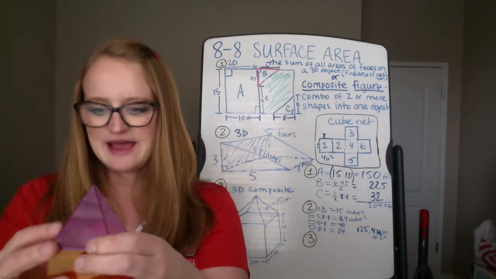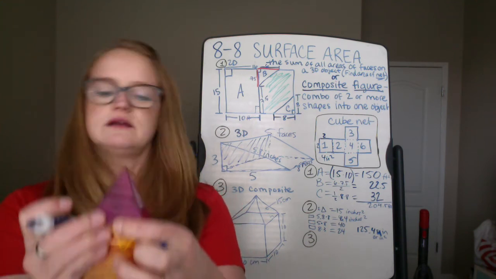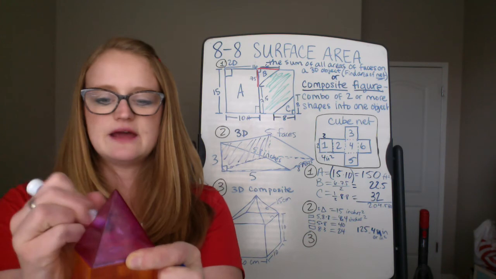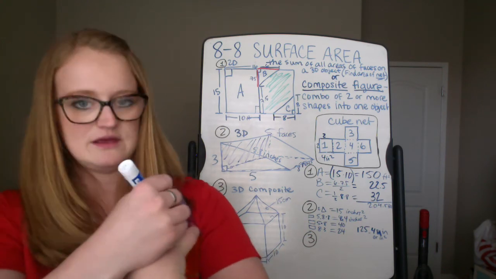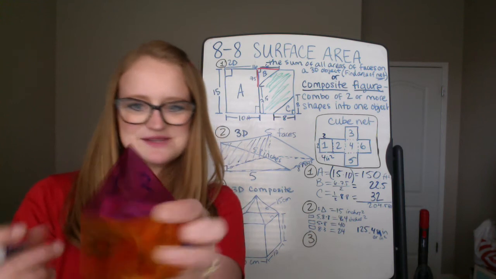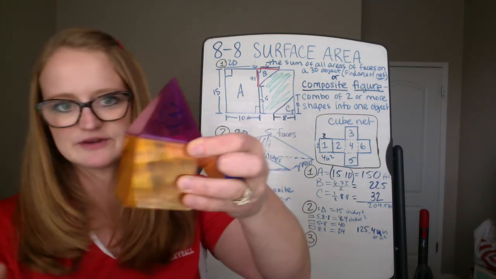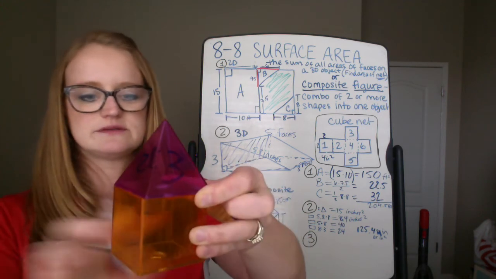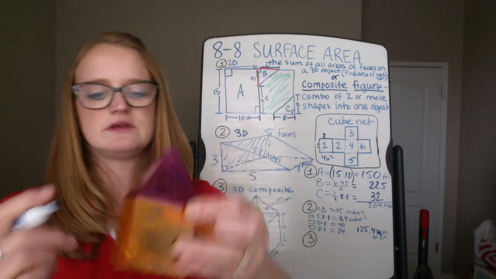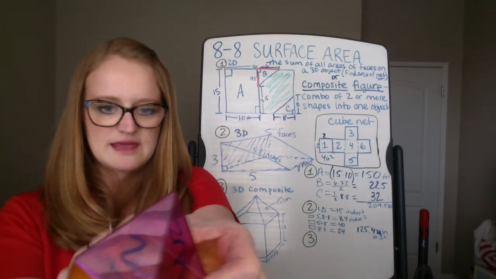So we could just count, and I'm going to try to label these. I'm going to count 1, 2, 3, 4. You can kind of see what I'm doing here. So there's 4 right there that would need to be covered for surface area. 5, 6, 7, 8.